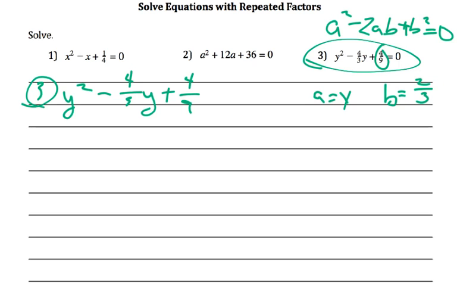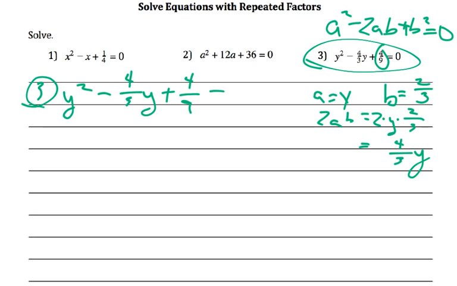And then 2ab would be 2 times y times 2/3. And when I multiply that out, I'd get 4/3 y, which is exactly what we're looking for.